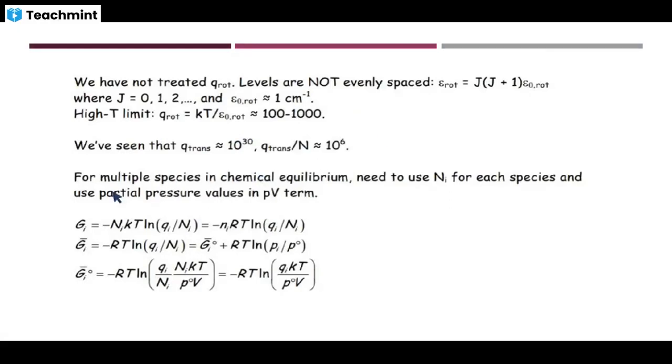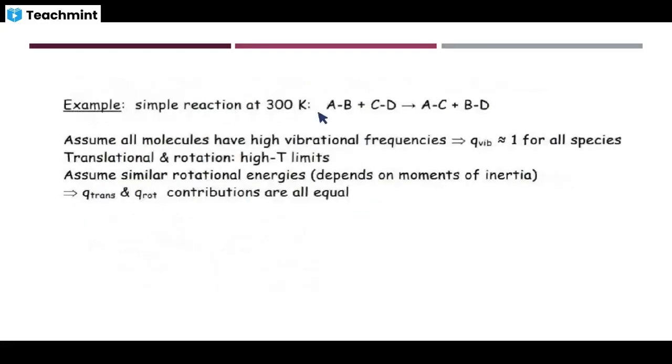So for multiple species in chemical equilibrium, when there are multiple species, then we need to use Ni for each species and use partial pressure values in the PV terms. Then you get these relations. Example: a simple reaction at 300 Kelvin, AB plus CD; you break AB and CD, and you form AC and BD.